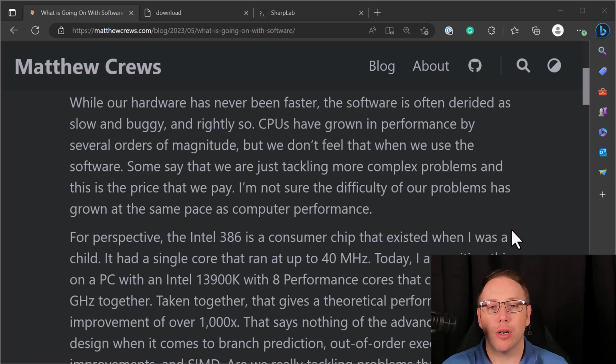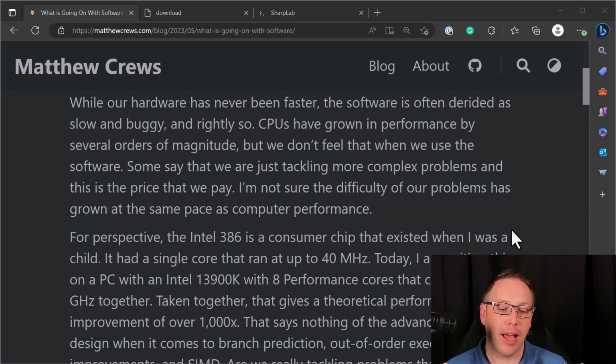But when it comes to our experience of software in the day-to-day, applications don't feel like they are 1,000 times faster. Granted, the amount of data that we're processing, the amount of things that we are doing, and the sophistication of what we're building is higher. But I don't think it's 1,000 times higher, which means we should be realizing performance gains.